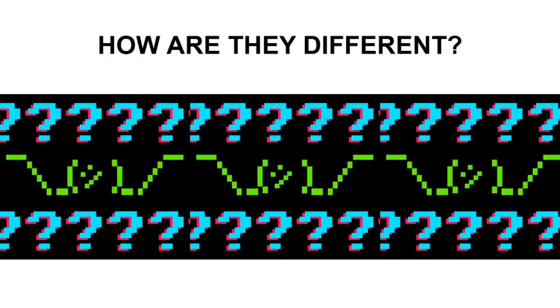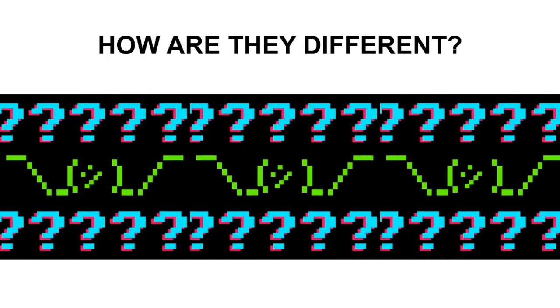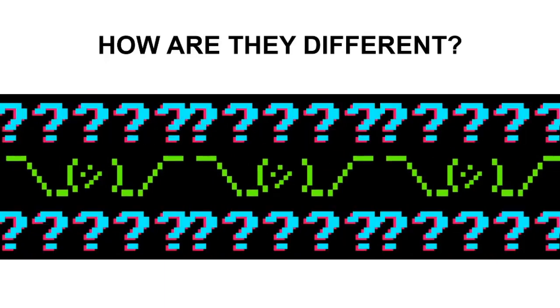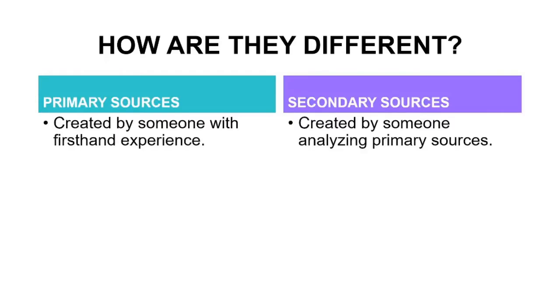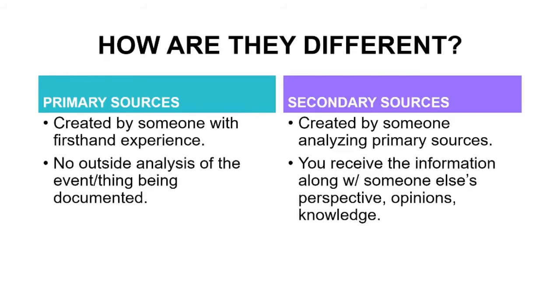So, we talked about primary and secondary sources, what they are. Let's talk about them side by side and how they're different. So primary sources are created by someone with first-hand experience. Secondary sources are created by someone analyzing primary sources, so without first-hand experience. Primary sources have no outside analysis of the event or thing being documented.